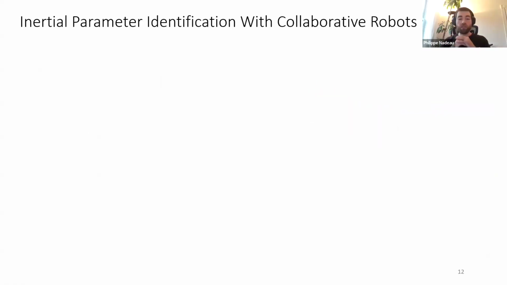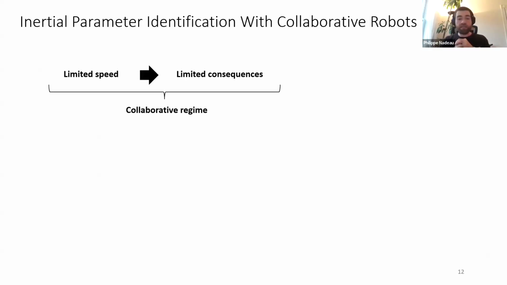So zooming out a little bit, my research work addresses the problem faced by mobile robot manipulators, particularly in the context of sharing space with humans. In such contexts, robots often have to limit their speed to reduce potential forces in case of collisions.